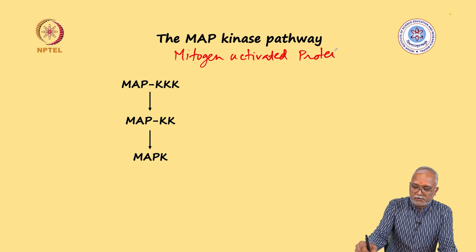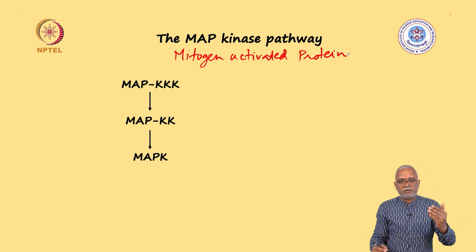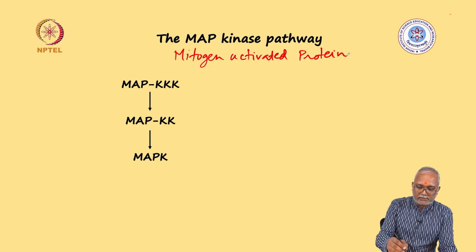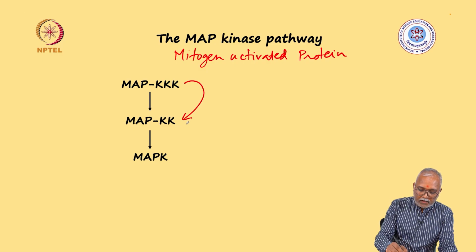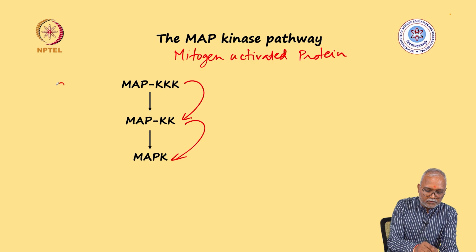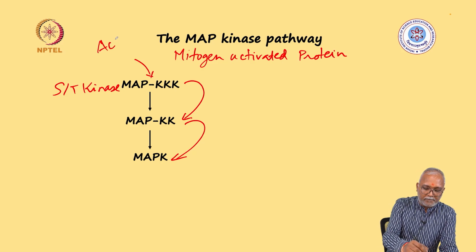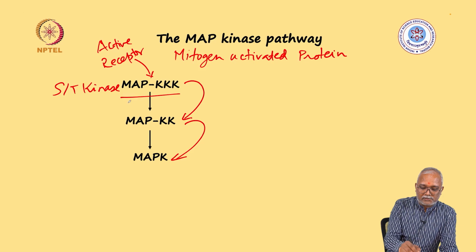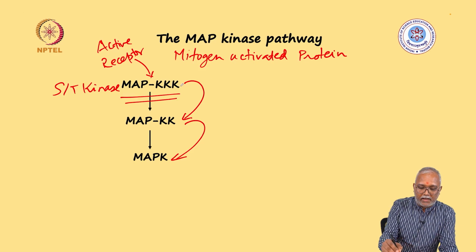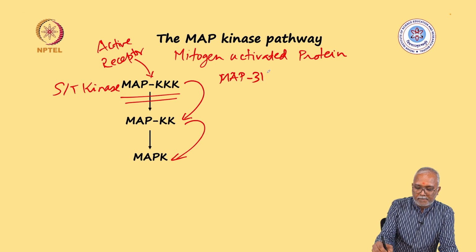There are three such proteins involved in this pathway, or cascade. Each one of them is a serine-threonine kinase. Once they are activated by the active receptor, the first kinase in the series is called MAPKKK, or MAP3K.